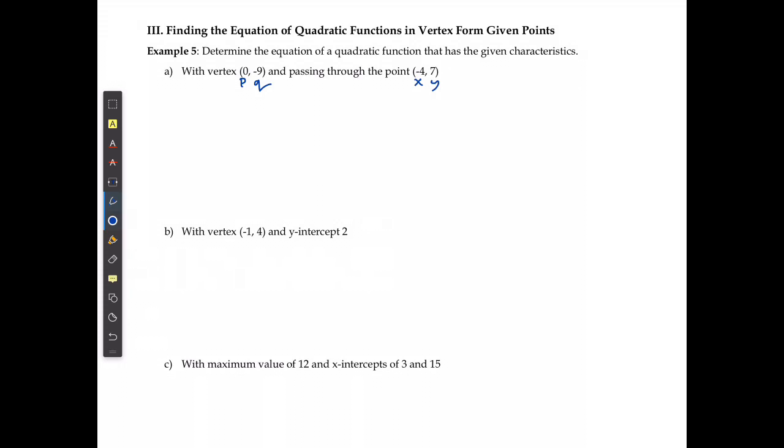And in this case, I'm missing my a value. So I'm going to fill in everything that I know and then solve for a. So I could say that if I have 7 as my y, it is equal to a bracket, my x I'm going to use at -4, minus 0 for p, squared, plus q, or if q is -9, minus 9.